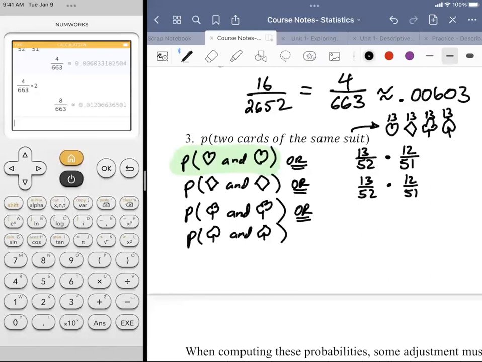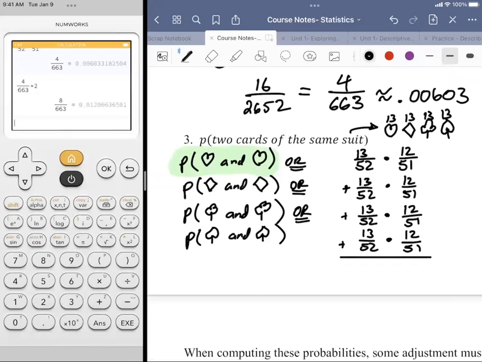If you do it for the clubs, 13 of the cards are clubs. Throw one of them away. 12 out of 51. Same thing with the spades. So every scenario has the same probability. So you can take these results and add them all up. That would work out perfectly fine.